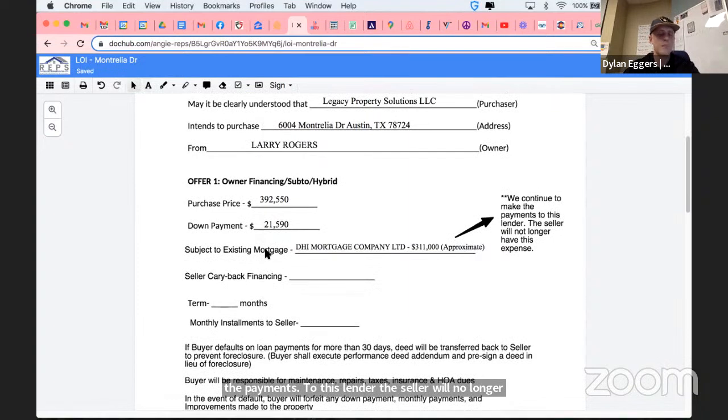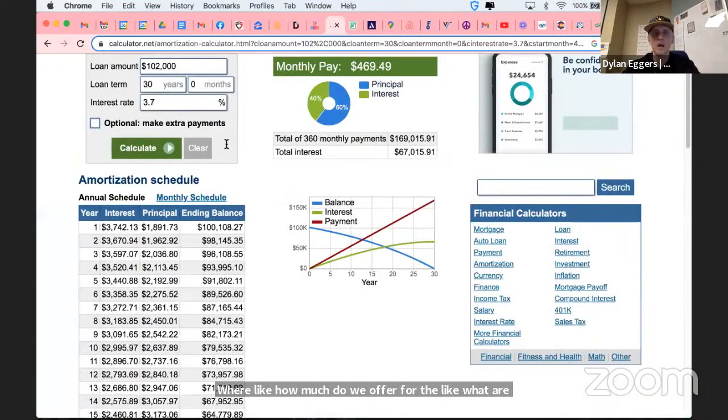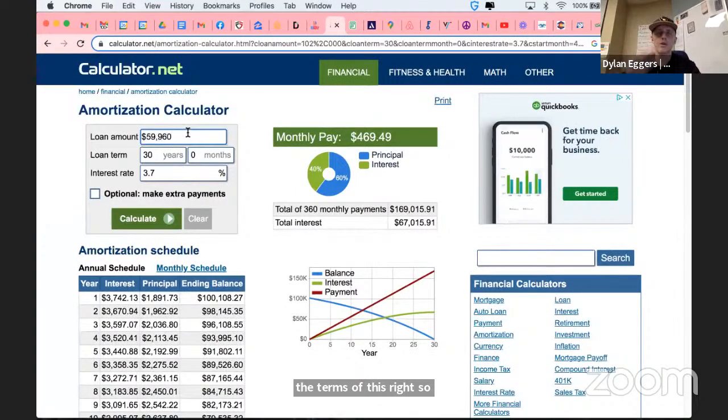Okay, so now my seller carryback financing is $59,960, right? So again, this is the tricky part. How much do we offer, what are the terms of this, right? So I typically will try to stick in a range of $100 to $300, depending on the price of the home and how much the loan amount is for.